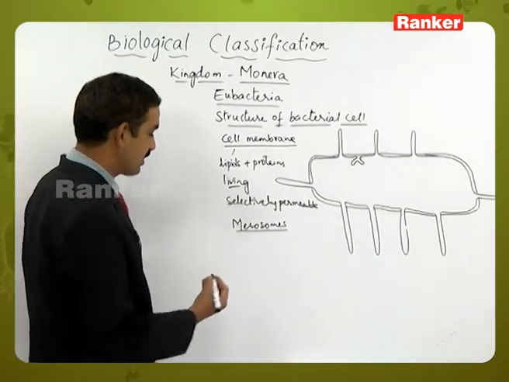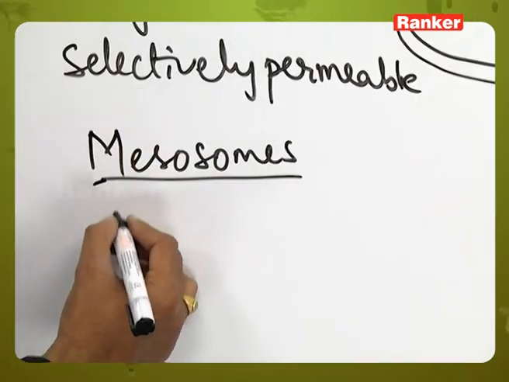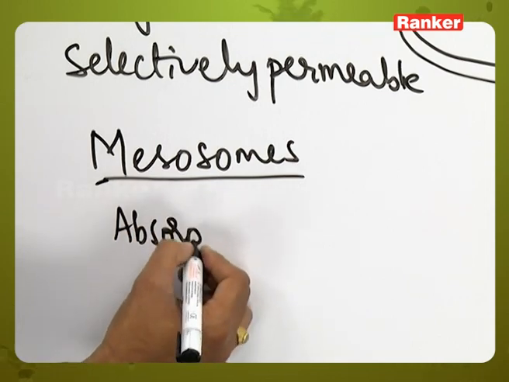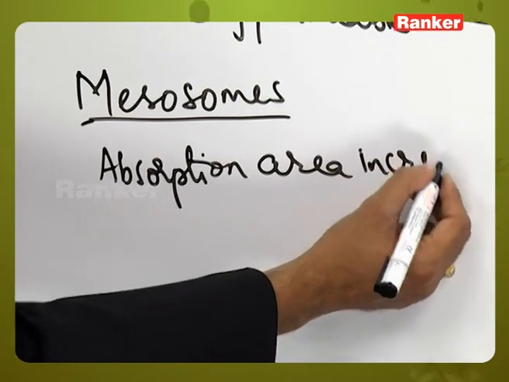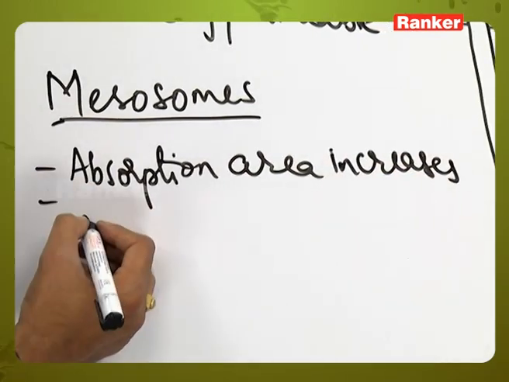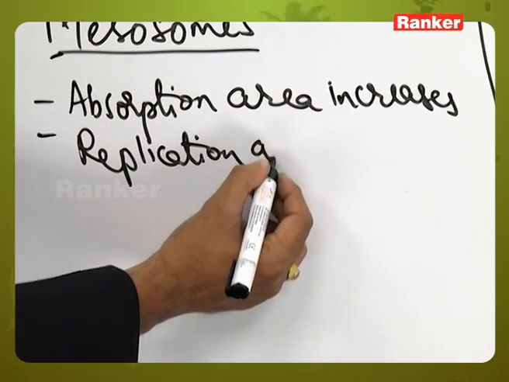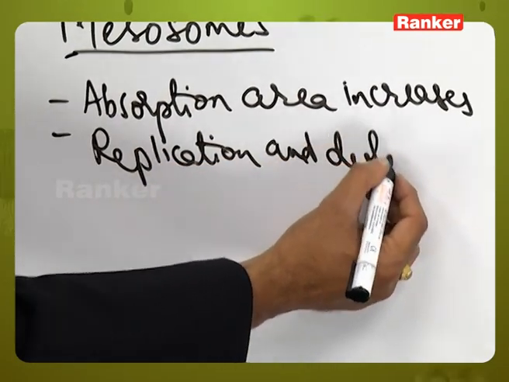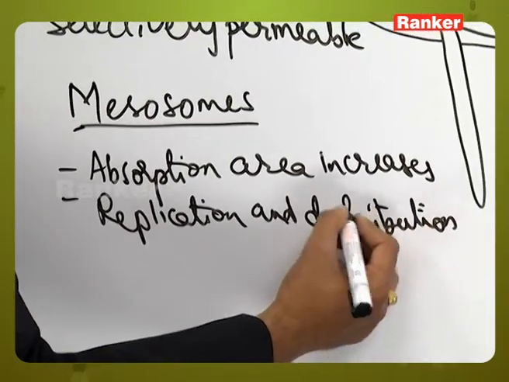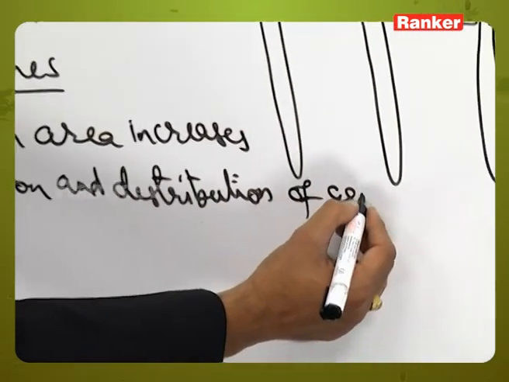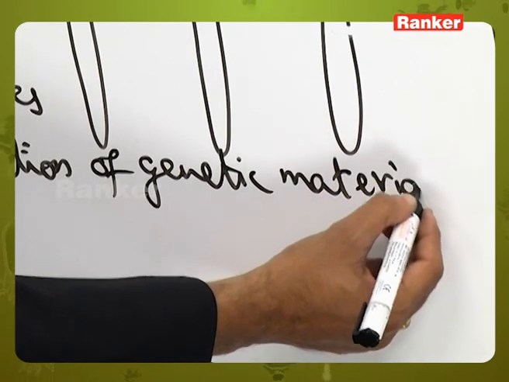These are the special structures where the absorption area is increasing, and they help in the replication and distribution of genetic material between the daughter bacteria during binary fission.